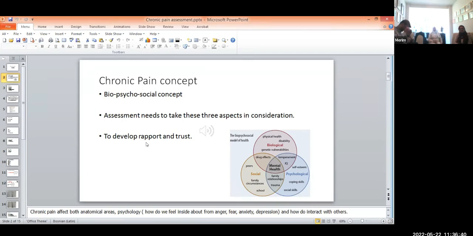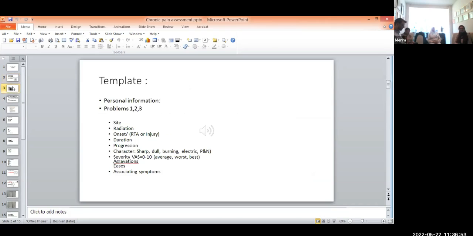And also you need to develop rapport, empathy, understanding, and trust between you and the patient. So the template that I will show you, a copy of it at the very end.